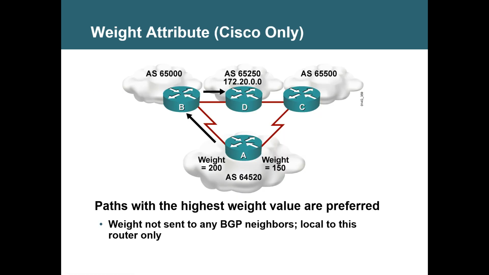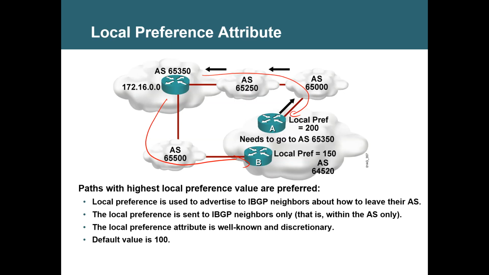Weight is a Cisco proprietary attribute, but I have seen the same word weight in Huawei. In Juniper, they call this preference, not the local preference. That is different. Local preference is well-known mandatory.